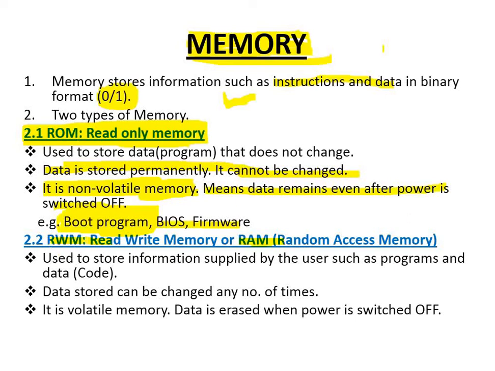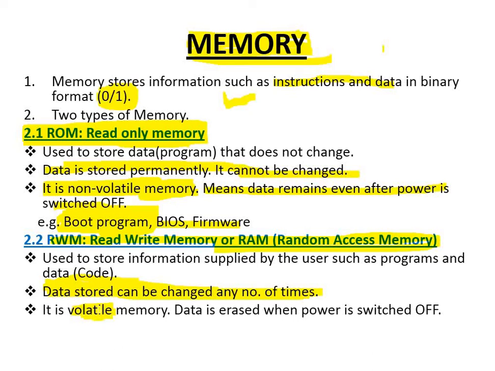Now, read write memory, RAM or random access memory. This is the second type of memory, in which you can change the data any number of times. The data stored can be changed any number of times. This is a non-permanent memory. Whatever you write, you can erase, and it is also a volatile memory.